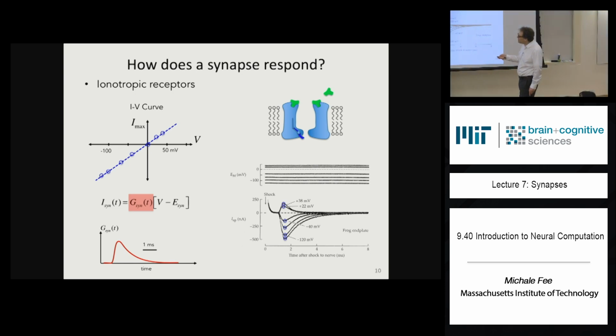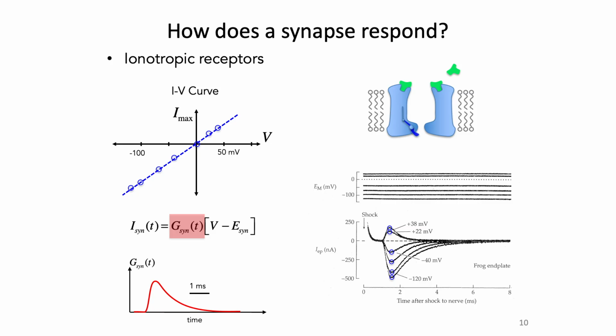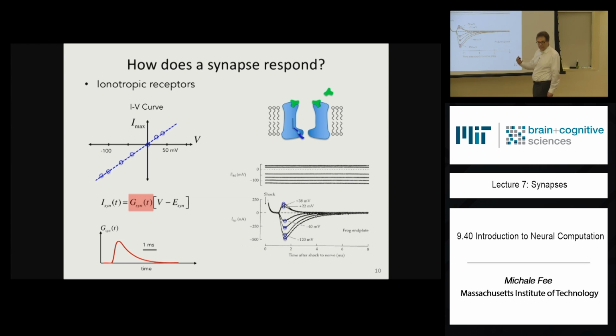Yeah, so remember, this is as a function of time, right? And this is exactly what the sodium conductance looked like as a function of time. It turns on, and then it turns off. For the sodium conductance, this turning on happened with a voltage step, and the turning off happened because of the inactivation gate. In this case, it's different.